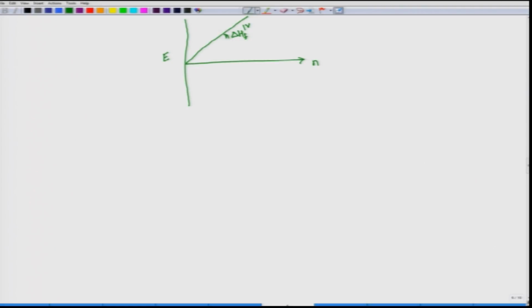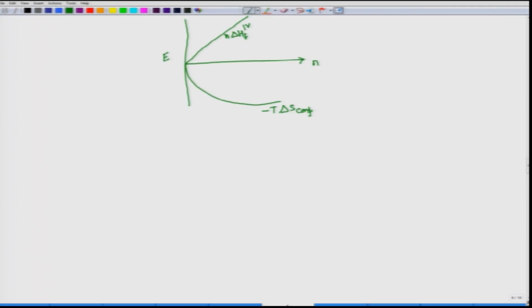This is the total enthalpy because of the formation of n number of vacancies, and there is an entropy term that we will see in some time, which is minus T delta S configurational.